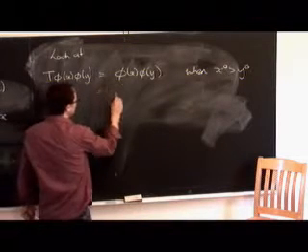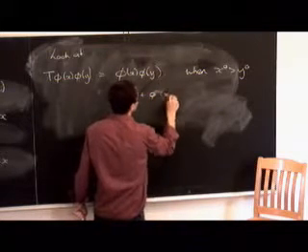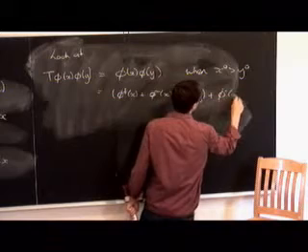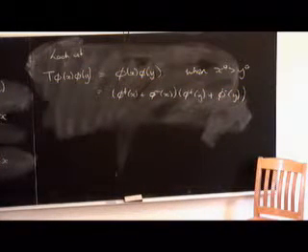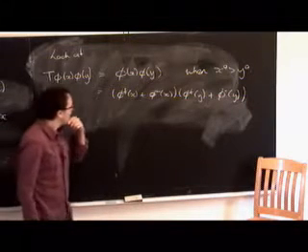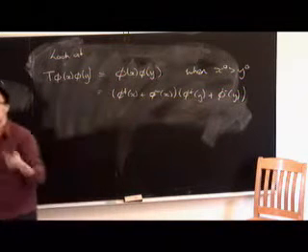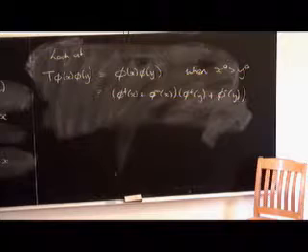We'll expand this out. That's just plugging in this, and so we multiply this out, we get 4 terms. Well, what does normal ordering mean? Normal ordering means that all of the a's go to the right.